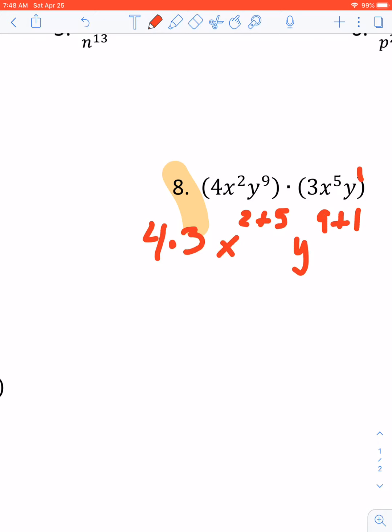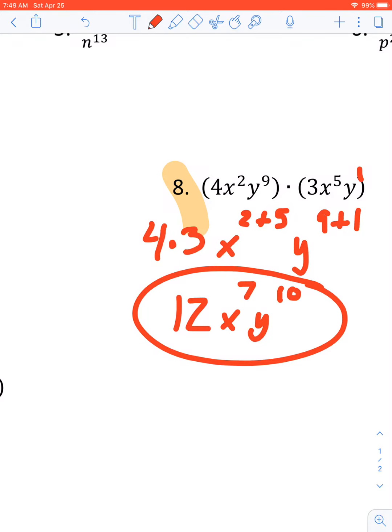So 4 times 3 is 12. And then with our like variable exponents, we add x^2, x^5, 2 plus 5 is 7. y^9 and a y^1. Again, if there's no exponent listed, there's an imaginary 1, and I get y^10. And that's my answer. I can't mess with the x or the y because they're different variables, and 4 times 3 gave me my 12.